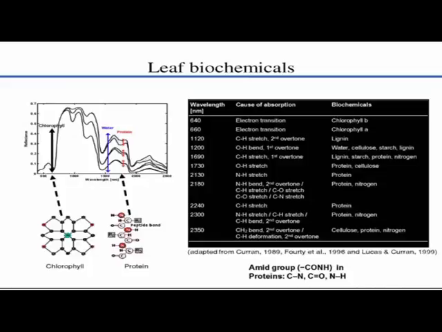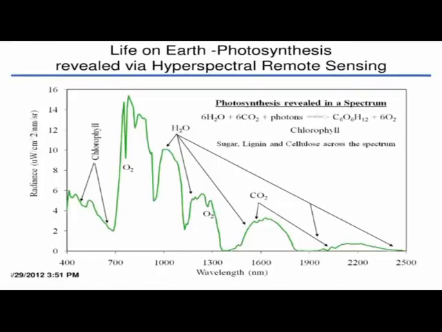You are also able to quantify proteins, starch, cellulose, lignin. You name any pigment or any parameter which you are looking at with respect to physiology or biochemistry, you can quantify using hyperspectral remote sensing. That's what it says, and we'll subsequently discuss how this technique can be used to quantify those parameters.